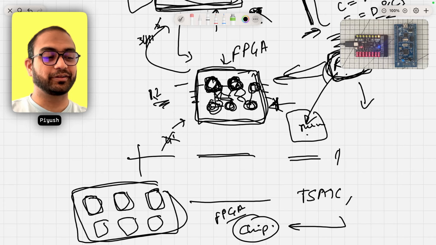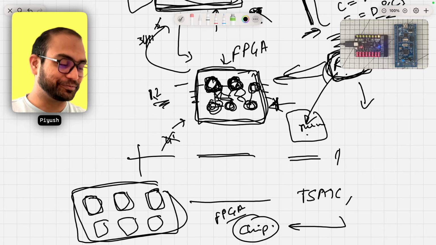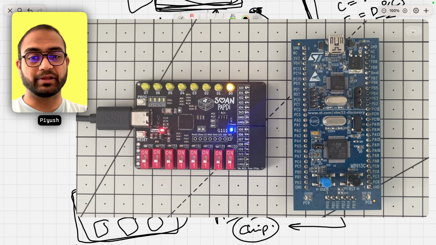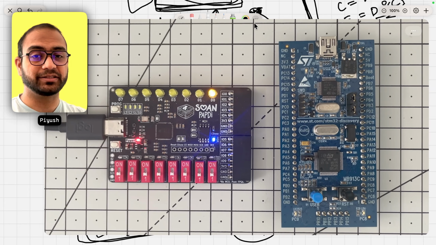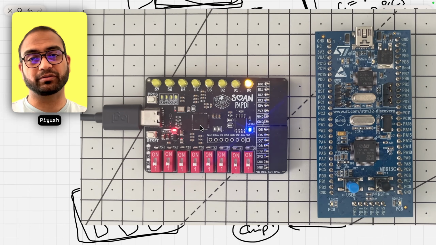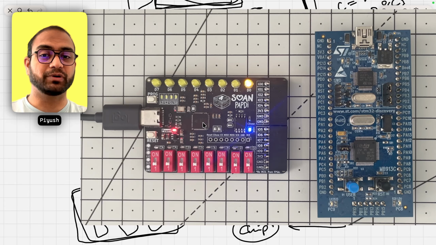So it's like you create a tool to create another tool. So the FPGA is something that someone designed. In our case, the FPGA we are using is designed by Lattice engineers, and they talk to TSMC and other fabs, get the chips, and they are the ones selling this in the market.